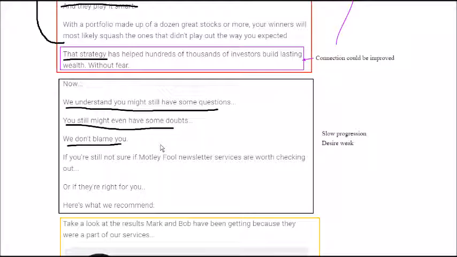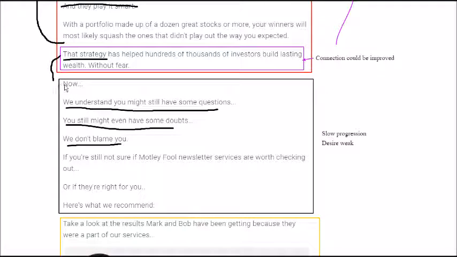But it's just really weak. It would be better if they summed all of this up into, and it has gotten Motley Fool members like Mark and Bob great results. Check it out. So that even links with the strategy that you talk about here.